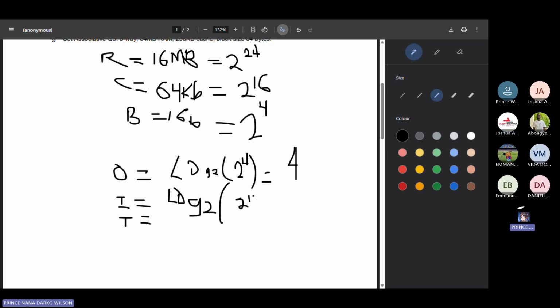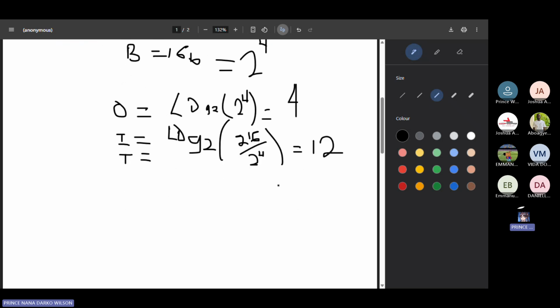We're following, that's good. 2 to the power 16 divided by 2 to the power 4 will be 16 minus 4, because the bases stay the same. So basically 2 to the power 12. And if we do log base 2 of that, we'll be left with just the 12.